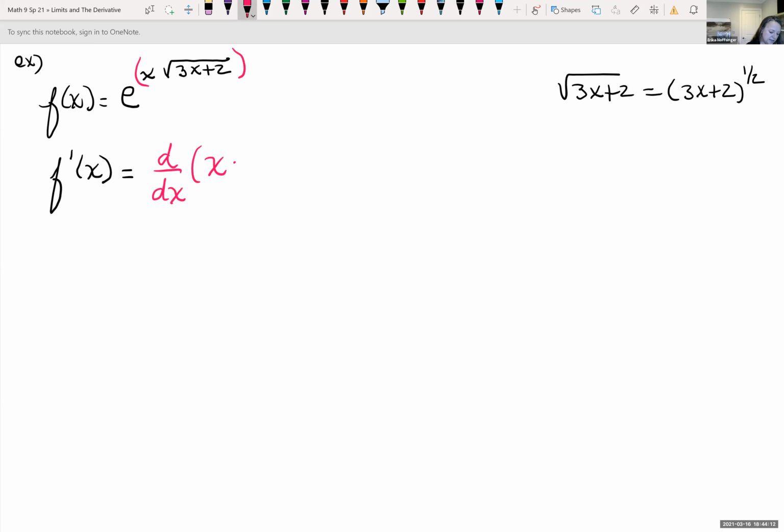Let's rewrite that, so that's times 3x plus 2 all raised to the 1/2 power. That's the derivative of our exponent, which we haven't done yet, times the original function, which is e raised to the x times square root of 3x plus 2 power.